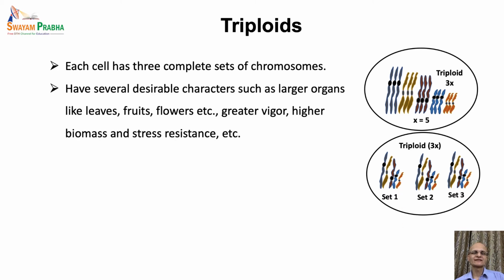Triploids have several desirable characteristics. They usually have larger organs, like their fruits will be larger, they have big flowers, and their leaves are usually broader or thicker.